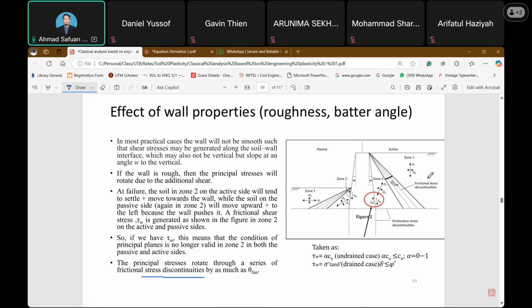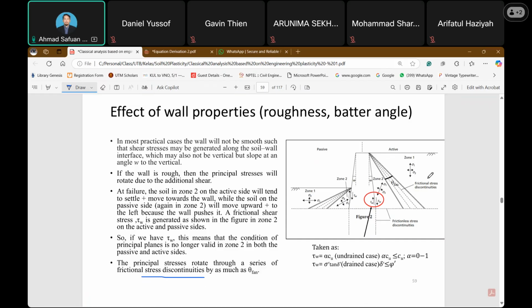It means the wall is not constructed at 90 degrees. If the wall is rough, then the principal stress will rotate due to the additional shear.